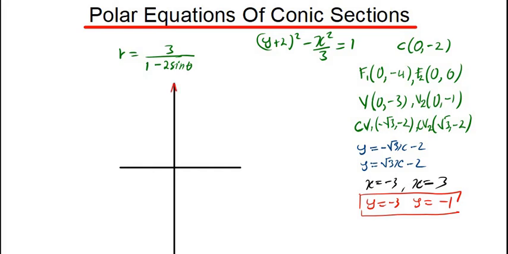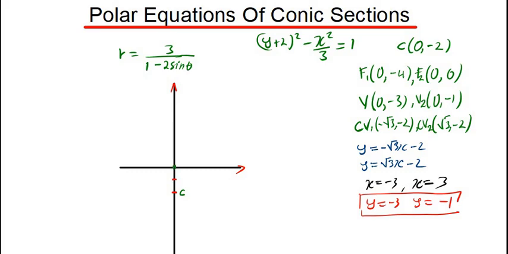Then our foci: one of them is at 0 comma 0, another is at 0 comma minus 4, which would be minus 3 there and minus 4. So we have another focus at this point. You can say this is our f1 and that is our f2.